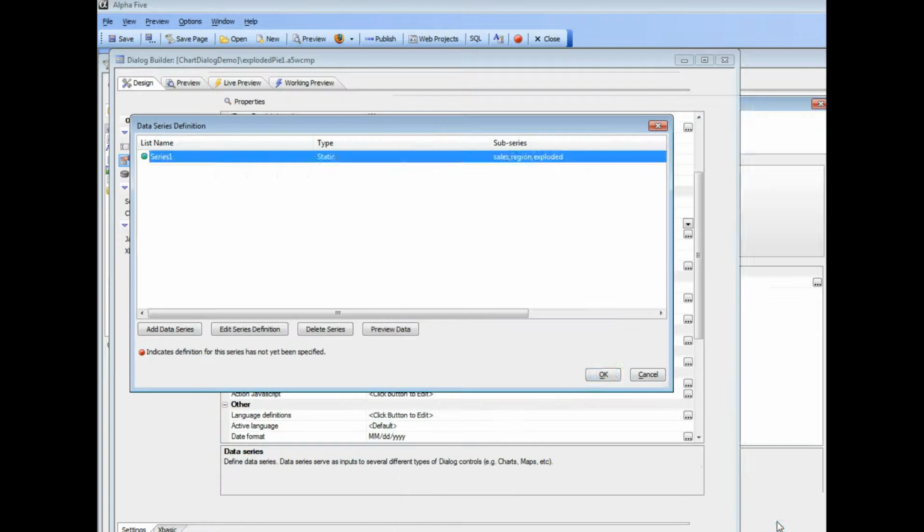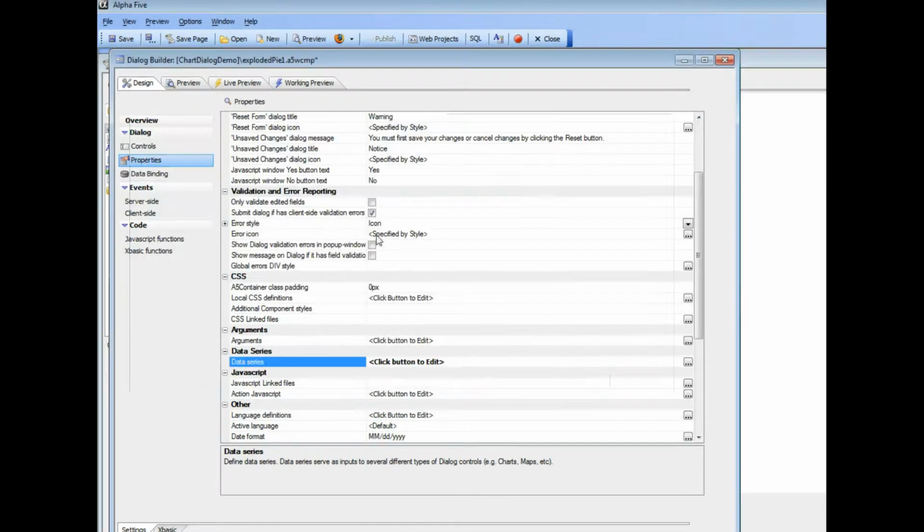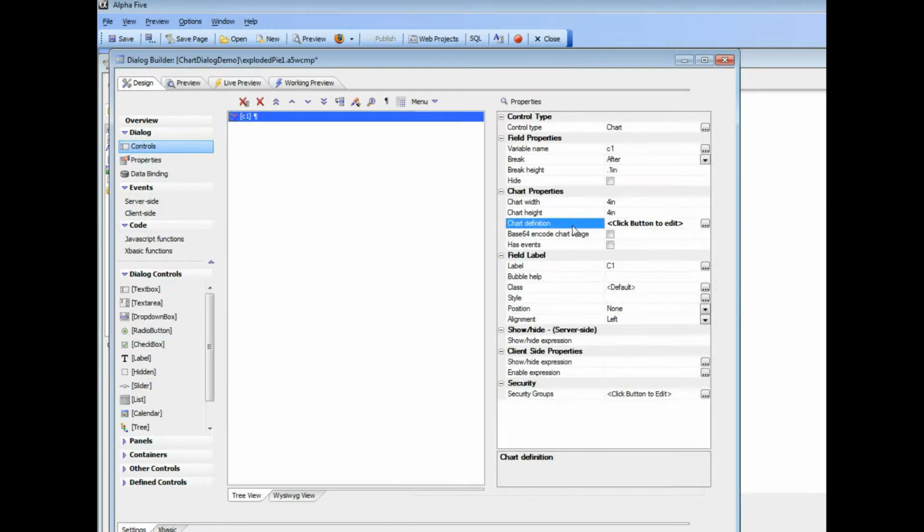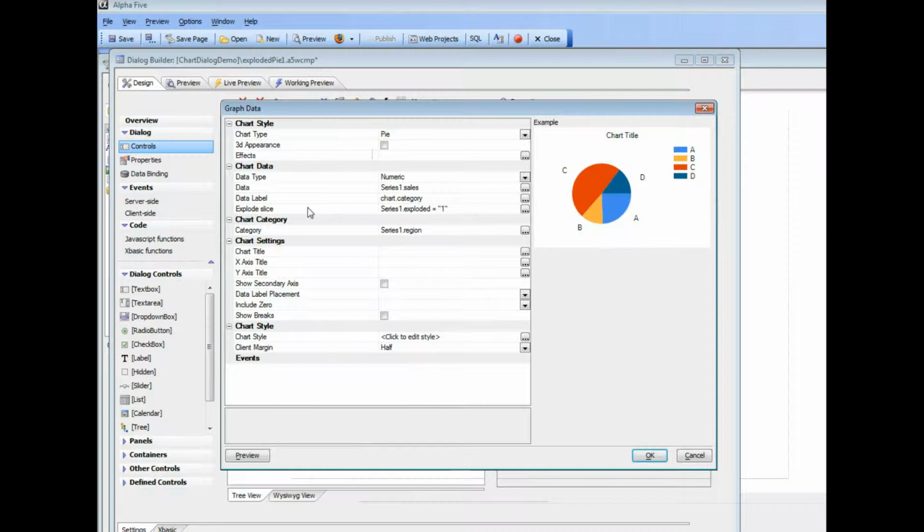Then when we go back to our chart definition over here, we can see that the chart data is based on series1.sales, the category is based on series1.region, and the exploded slice is based on this expression, series1.exploded equals 1. So the character value 1, not the numeric value 1.